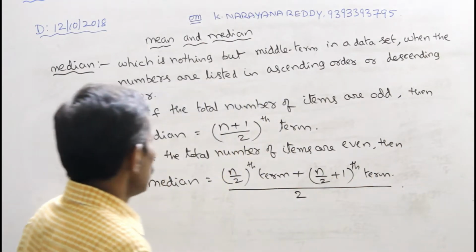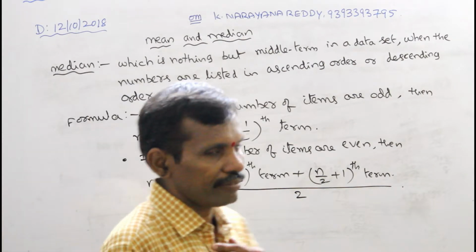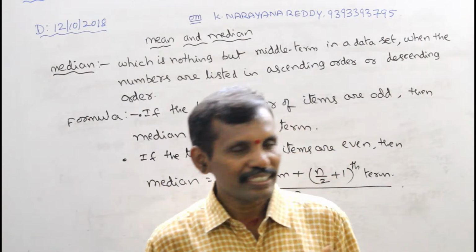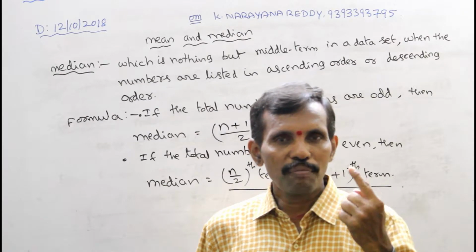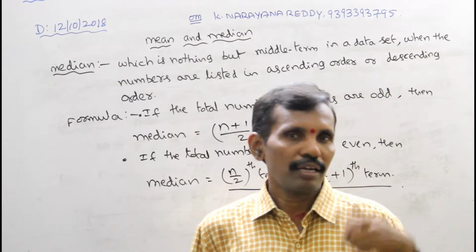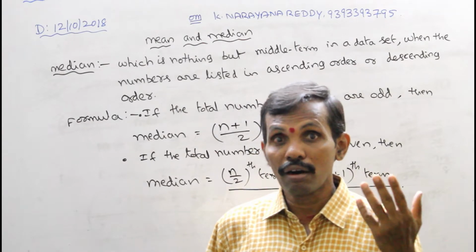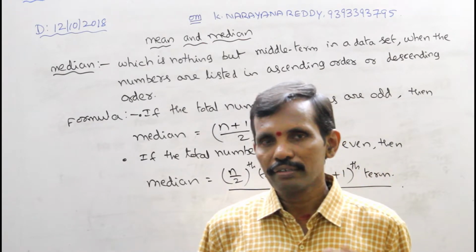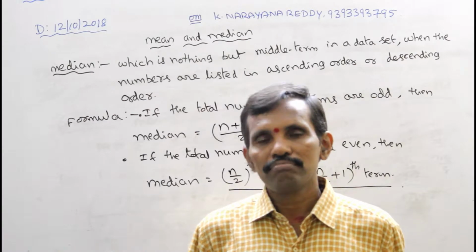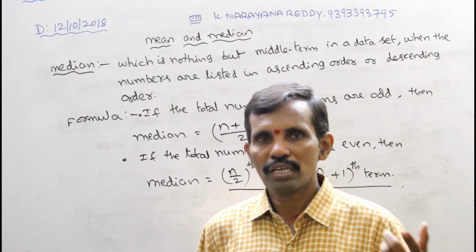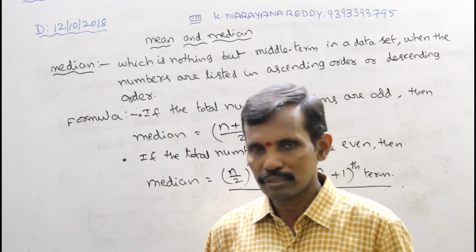There are two cases to find a median. What are the two cases? If the number of items is odd. What is odd? 1, 3, 5, 7, 9, 11, these are odd numbers.